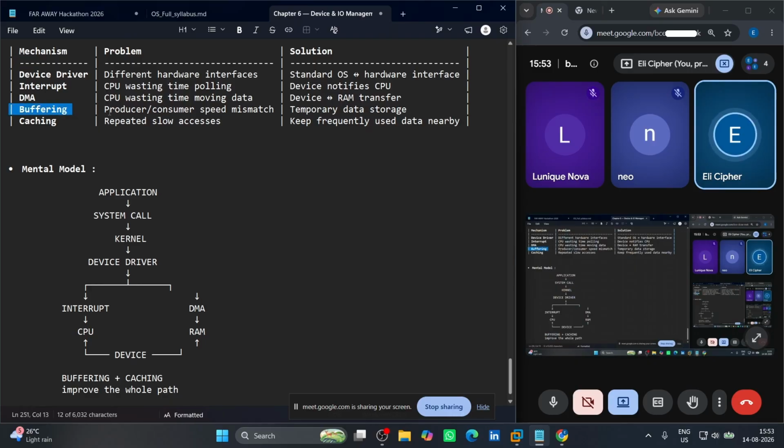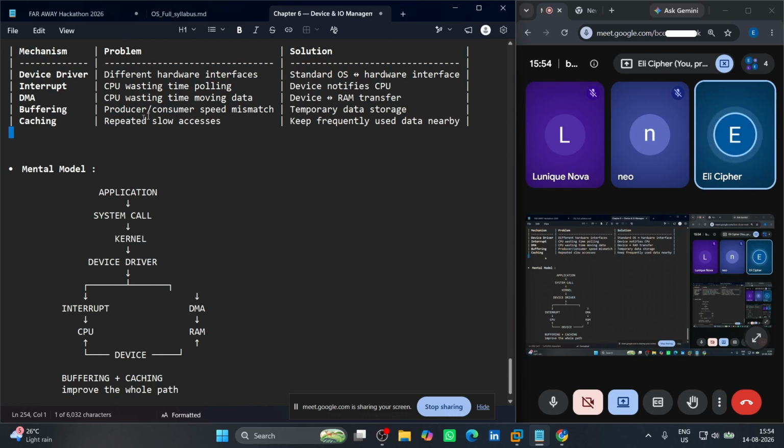There is then buffering, which synchronizes the consumer and the producer. The buffer is temporary storage which plays a role in synchronizing between the consumer and the producer.